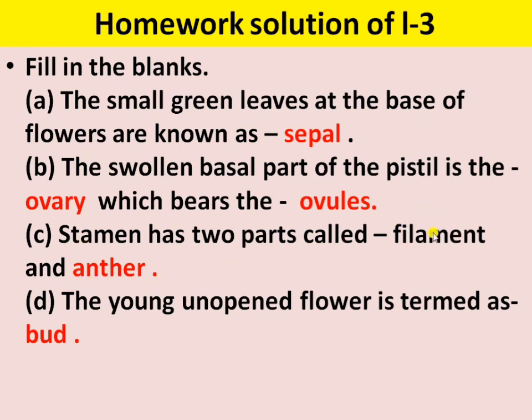The filament is just like a stalk and the anther is a swollen part present above the filament. Fourth, the young unopened flower is termed a bud. A bud is the early stage of a flower.